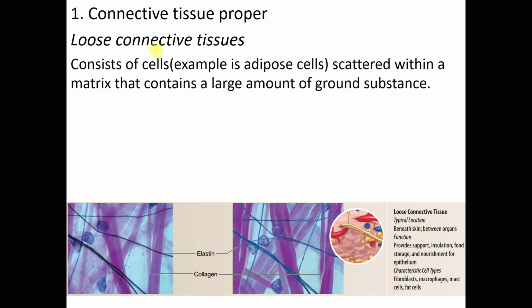So your fat cells make up fat tissue, and that fat tissue is one example of loose connective tissue. Other than fat cells are mast cells and fibroblasts.